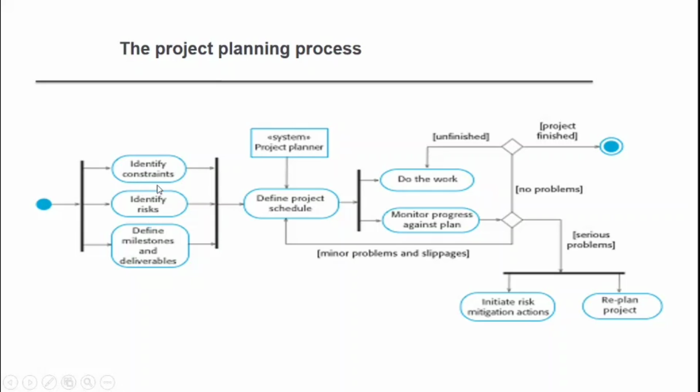Identifying the constraints, what are the requirements of the project, has to be identified. Identifying the risks, what are the critical issues that arise in the project, and if they arise, how to resolve that risk, has to be considered. And milestones and deliverables: when a particular module has to be completed, whether it is dependent or not dependent, has to be identified in the initial stages of the project planning process.